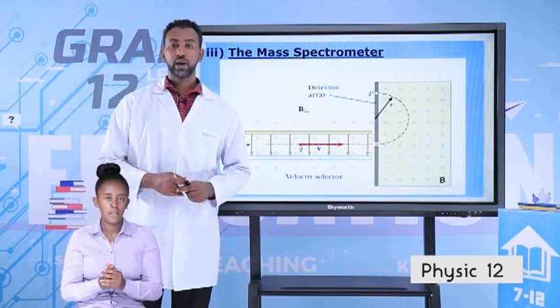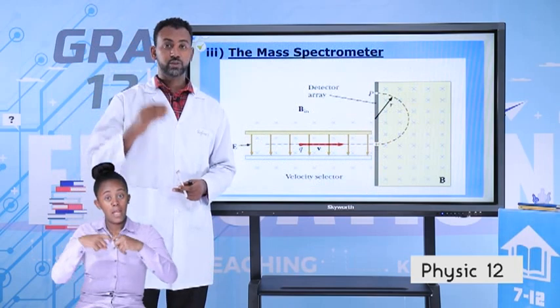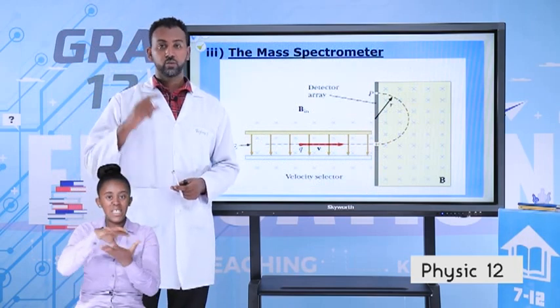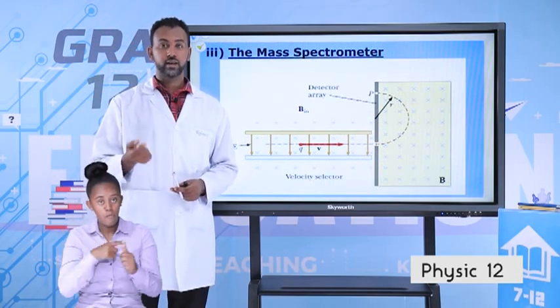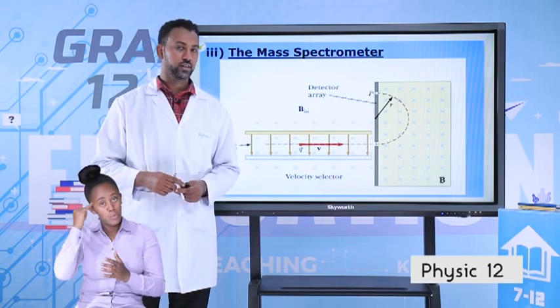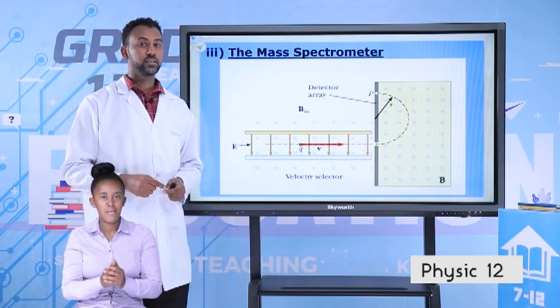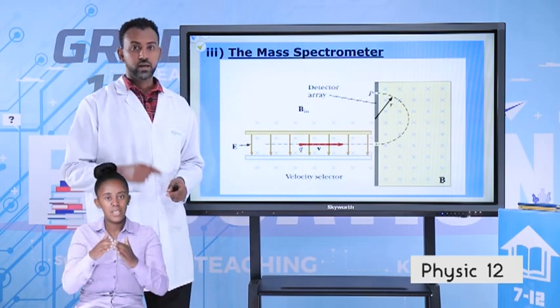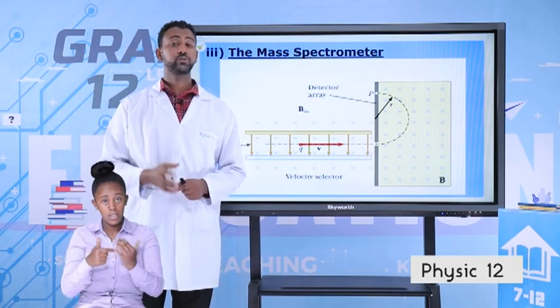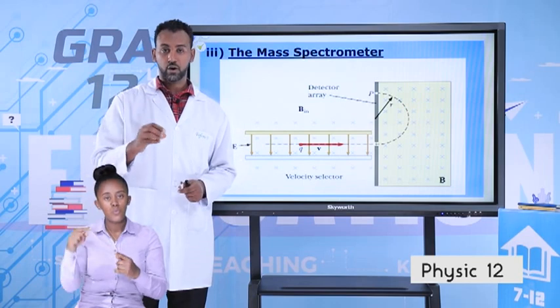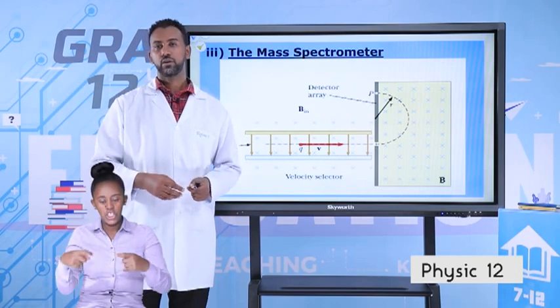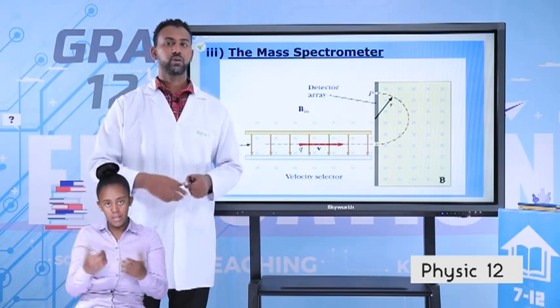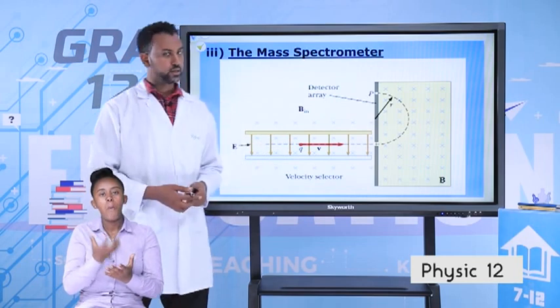Previously we have said that we have electrical components which use a mixed field. One is the velocity selector, and the other is J.J. Thomson's apparatus. And here we have our third device, which is known as the mass spectrometer. It is the device used to determine the mass of charged particles, the mass of isotopes or chemicals.